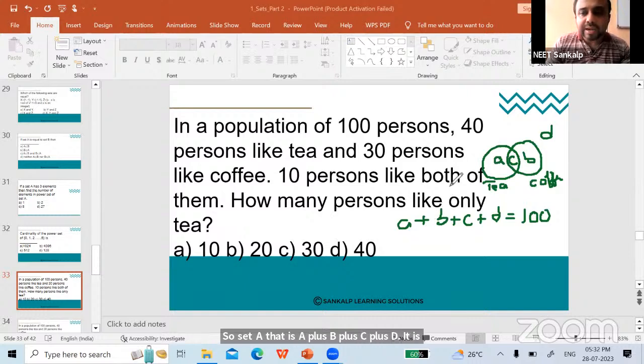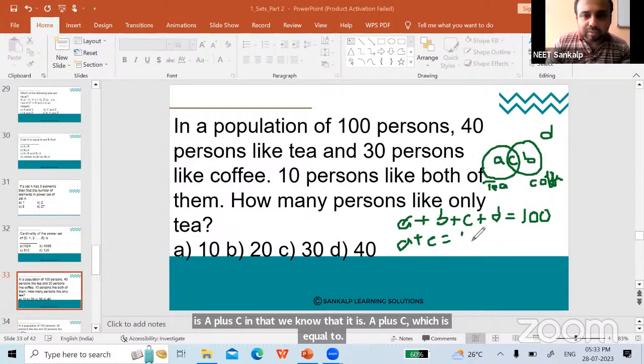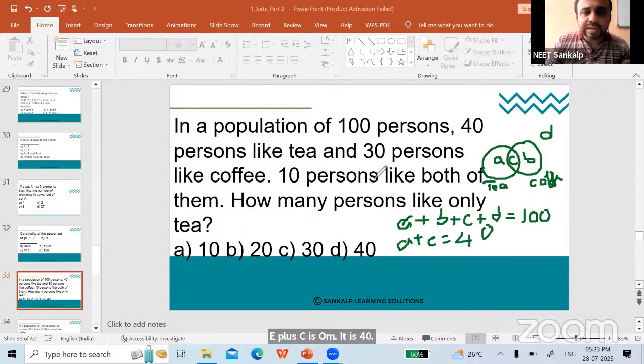Now we know that A plus C is how much? Can you give me the answer? A plus C means tea, and it is 40, because 40 persons like tea. The next one is B plus C, the coffee section, which is equal to 30.